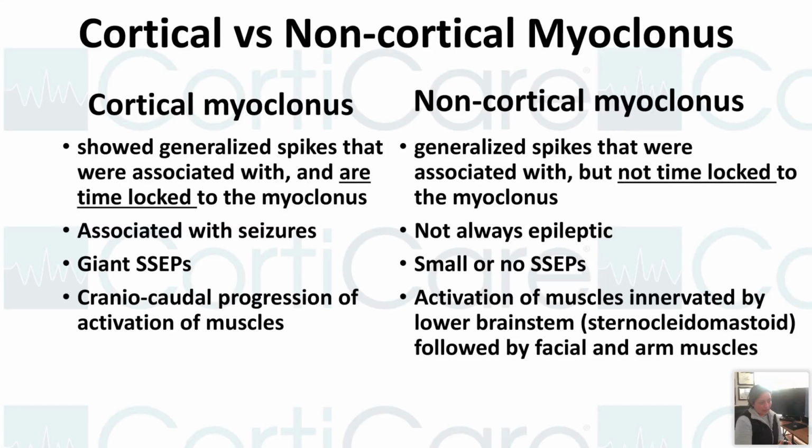SSEPs are not giant, and the muscles that get activated are actually supplied by the brainstem. It starts with the sternocleidomastoid, the muscles in the neck and the shoulders, and then travels to the face, to the arm. So the way myoclonus happens is completely different from cortical myoclonus.